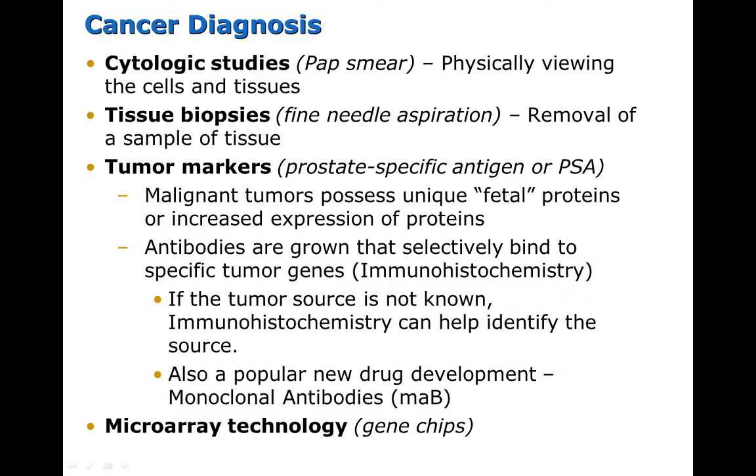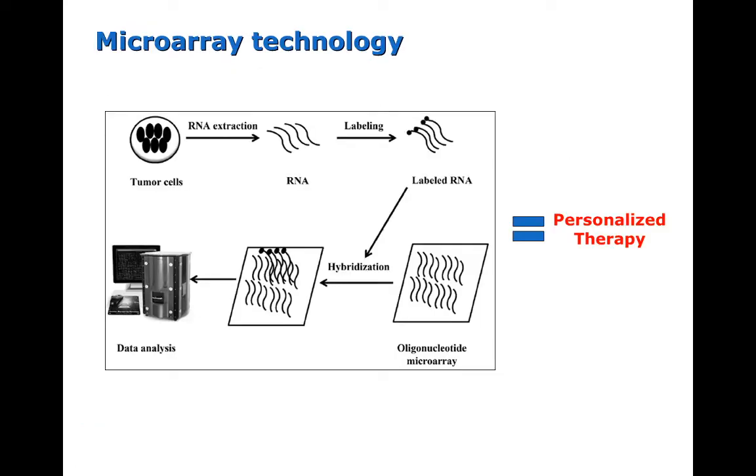And lastly, we're going to talk briefly about microarray technology, or using gene chips to diagnose cancers and to guide therapies. In microarray technology, cells from the tumor are used. Breast cancer was the first type of cancer to be extensively studied using this technology.